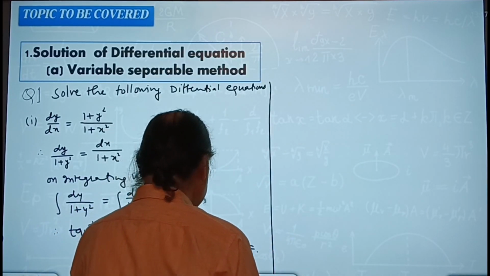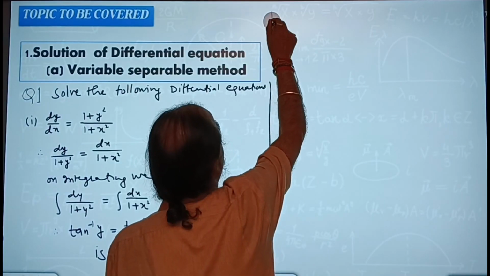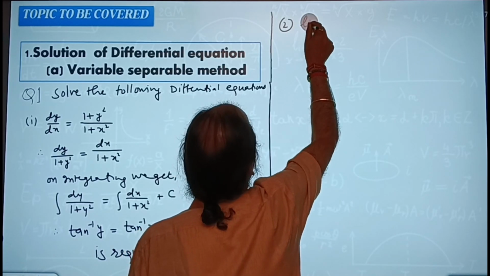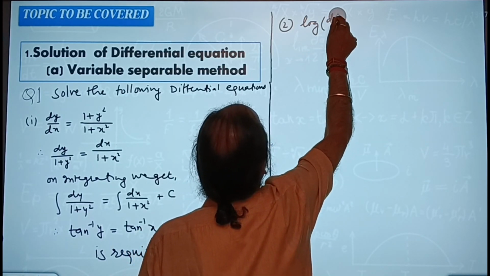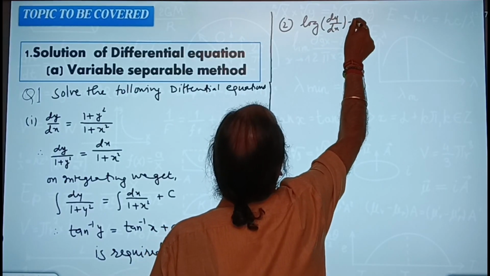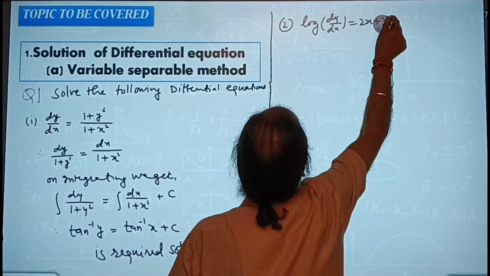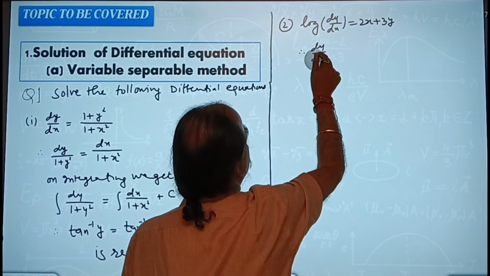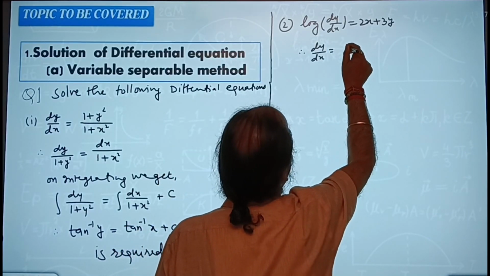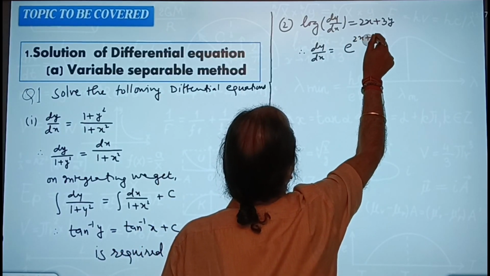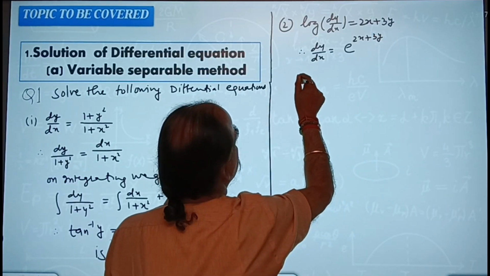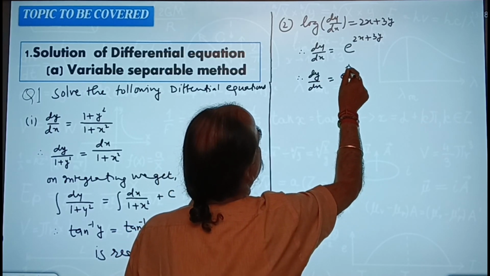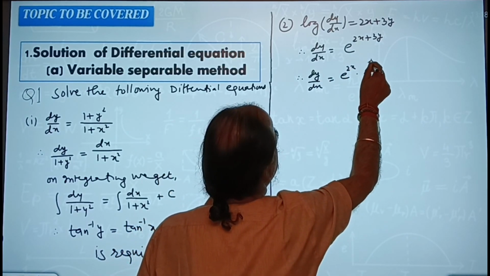Next is log dy by dx is equal to 2x plus 3y. We will eliminate log, so we'll get dy by dx is equal to e raised to 2x plus 3y. dy by dx is equal to e raised to 2x into e raised to 3y.